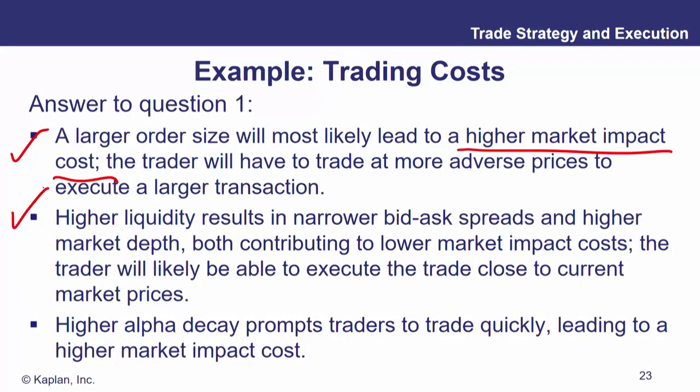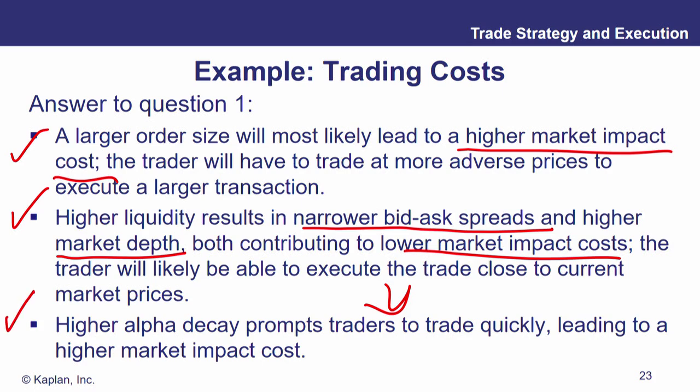Now, if we have higher liquidity, well, we can expect narrower bid-ask spreads, and that implies higher market depth, both contributing to lower market impact cost. So what does this mean? It means the trader's likely to be able to execute the trade close to the current market prices.